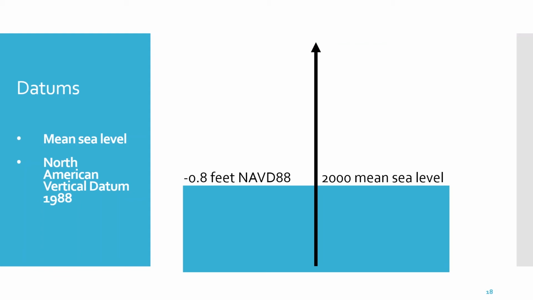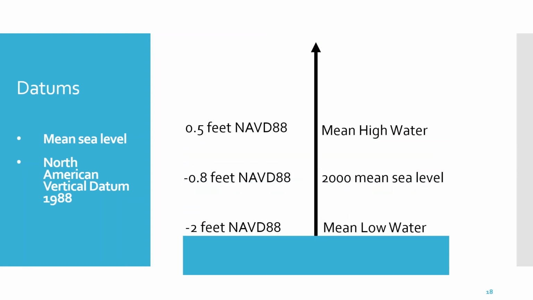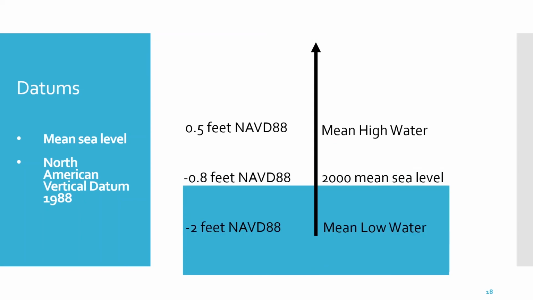Mean high water represents high tide, and correlates to 0.5 feet NAVD 88. And it's almost 1.5 feet higher than mean sea level. Mean low water represents low tide, which is about a foot lower than mean sea level.